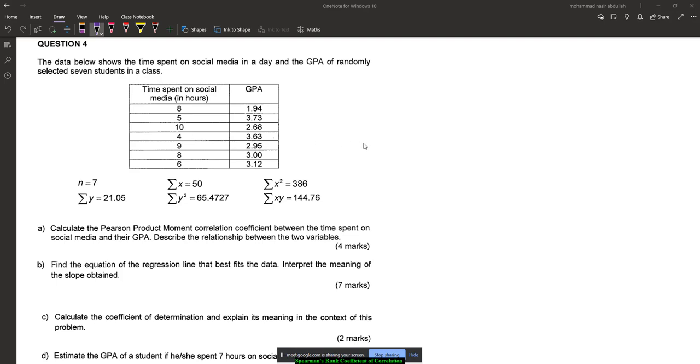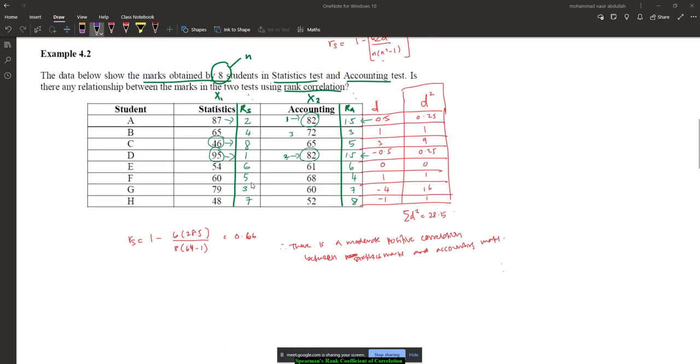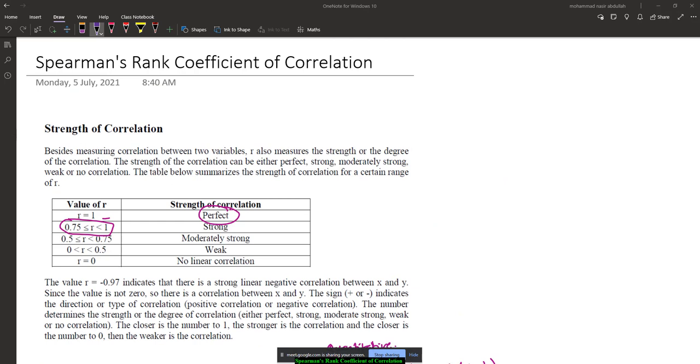Right now, please focus on the chapters discrete probability distribution and continuous probability distribution, because these two topics will be in your test number 2. So I think that's all for today. I just wanted to cover Spearman rank coefficient of correlation.